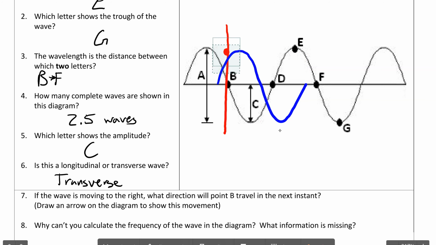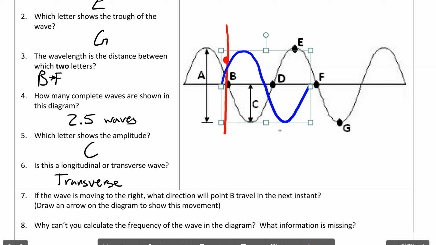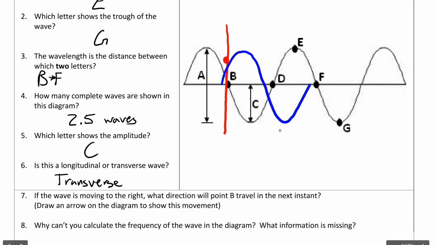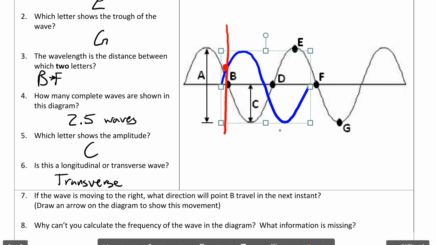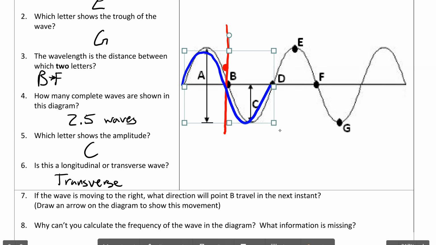Man, very clear explanation of this weird question. I don't know why the Regents likes to ask this question, because you really have to visualize the wave moving across the page, and it's kind of hard to do that. It tricks a lot of kiddos. So if you're confused, like, I thought it was going to go down, it looks like it's going downhill.